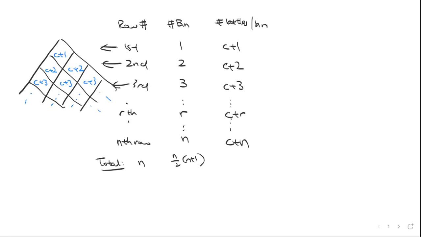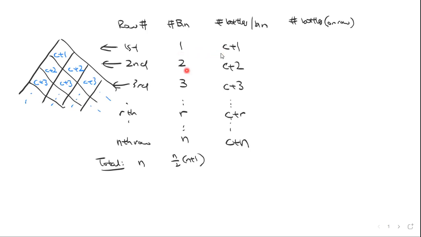But then it's probably quite easy to see that if that is the number of bottles for each bin, then the total number of bottles on that row is really just, if you think about it logically, the number of bottles per bin times the number of bins.